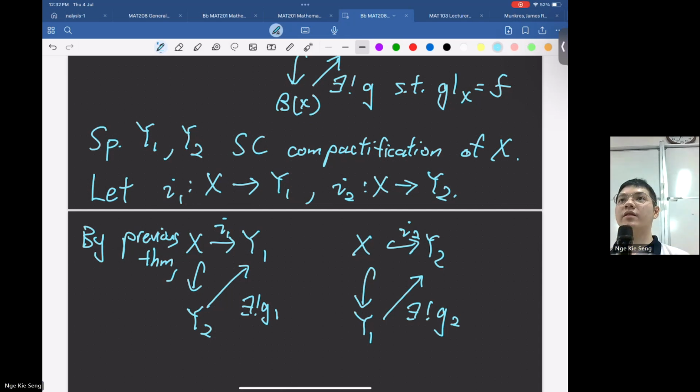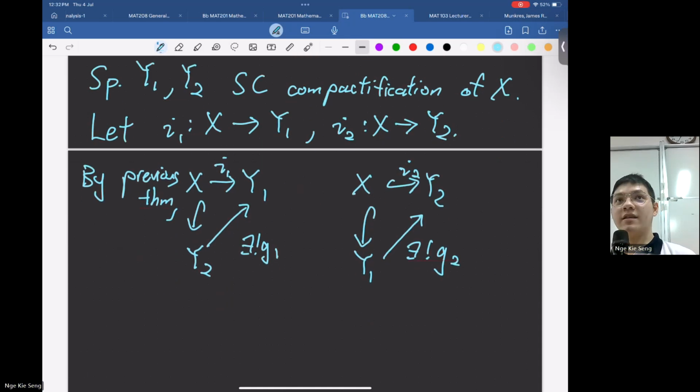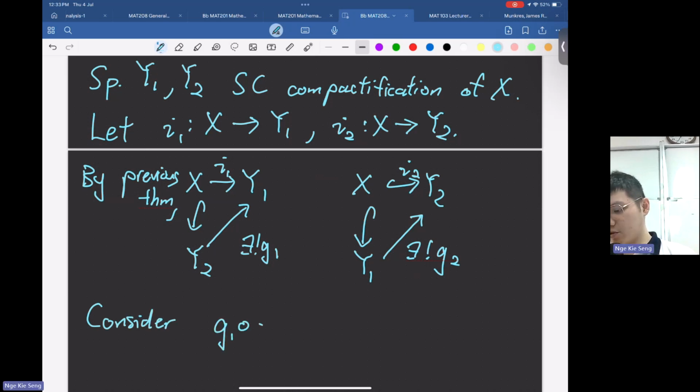So what can you do next? You want to talk about maps between Y1 and Y2, right? So there's a natural map between these two, which is G1 and G2 here. If we consider G1 composed with G2, this is a map from where to where?